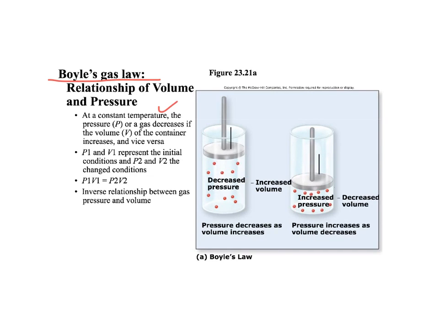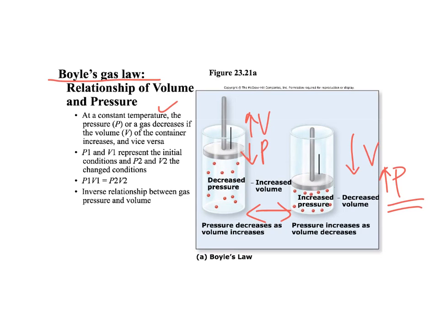So we have the same amount of gas in both of these. If we increase the volume, the pressure is going to drop. If we decrease the volume, the pressure that gas is under is going to go up. So it's an inverse relationship.